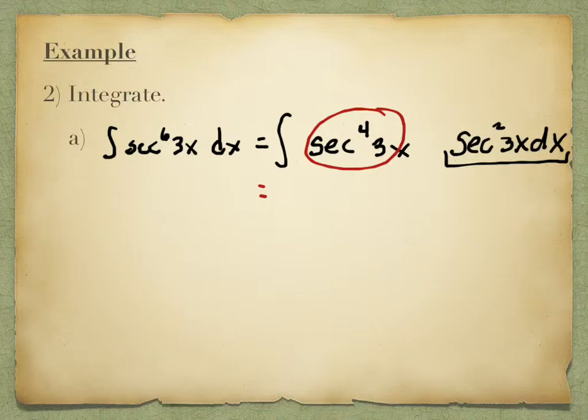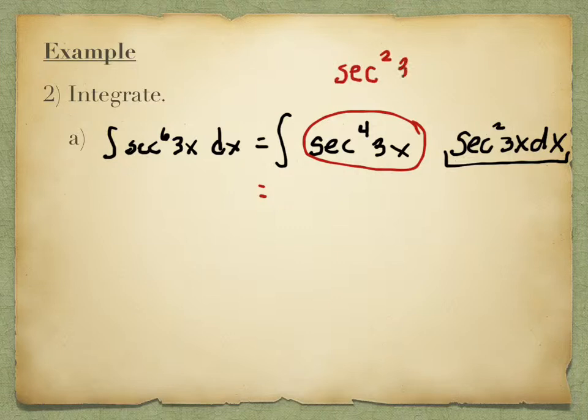One of the properties of exponents that would be helpful at this point is that when you square something twice, it's the same as the power 4. If you have a squared squared, that's a to the 4th. So secant to the 4th is really secant squared squared.